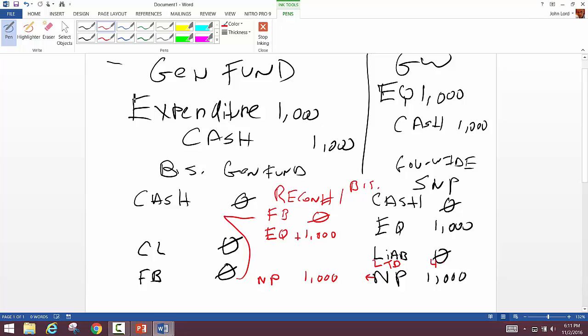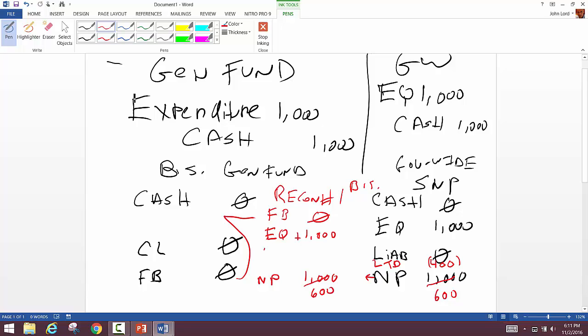So if my long-term debt is 400, now my net position is what? Assets minus liabilities gives me my equity, which is 600, isn't it? So now the number over here is not 1,000, but 600.